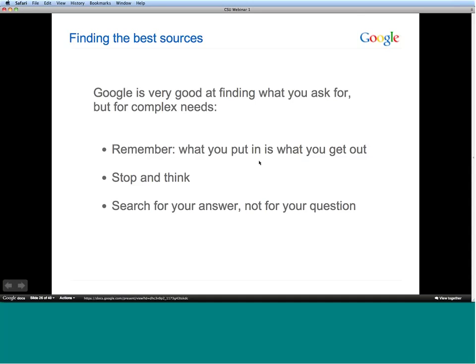Because what you want to do, if you're looking for something that's difficult to locate, is to search not for the question that you have, but the answer that you think that someone else will give. As Dan has often been heard to say, it's not about you, it's about the other guy. If you can't figure out how the other guy worded what you want to say, then you may never find that perfect source out there.